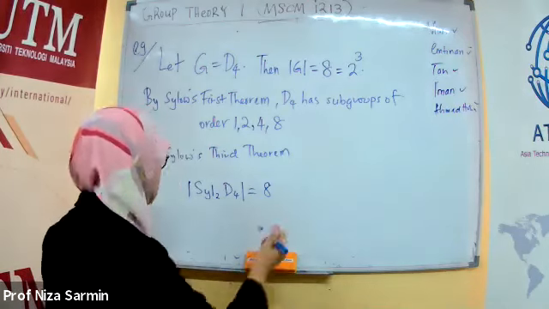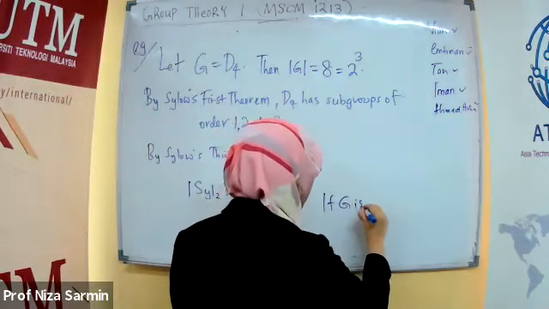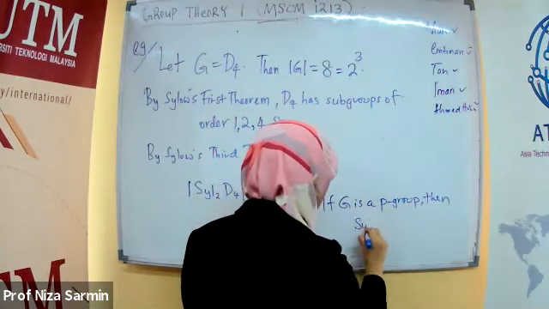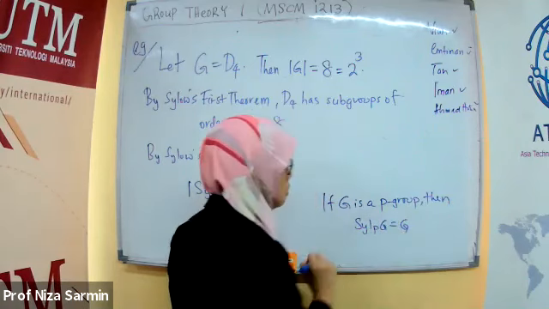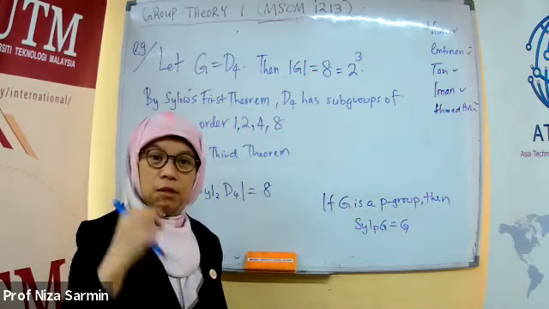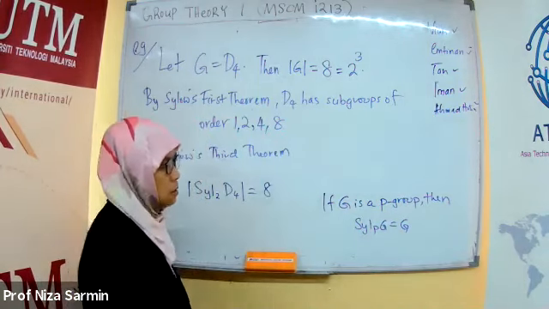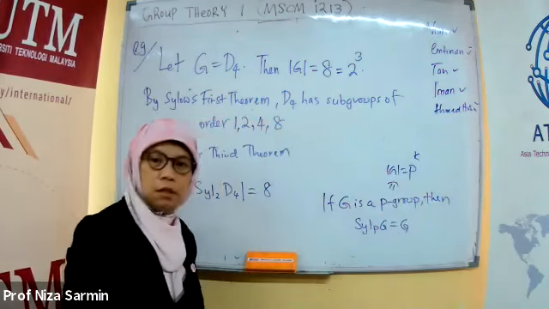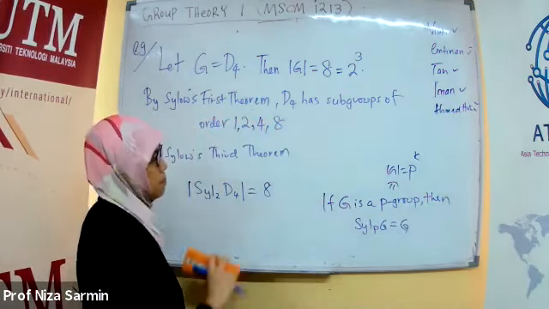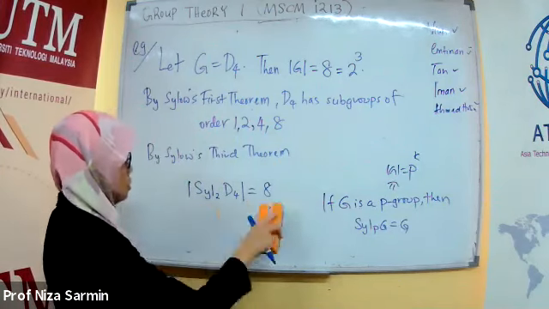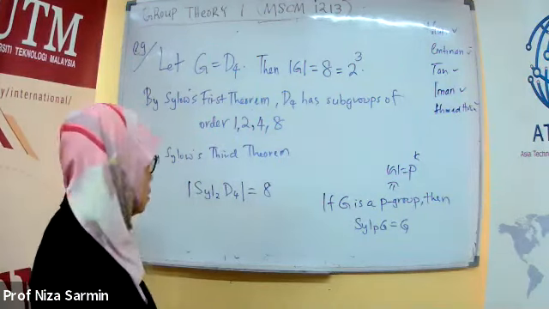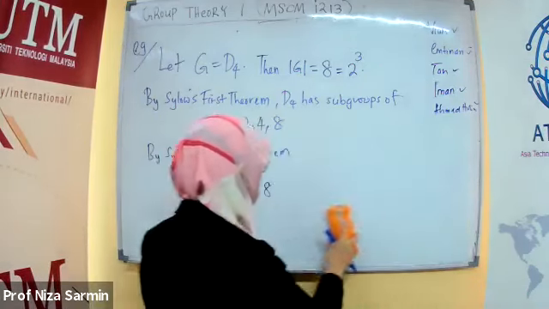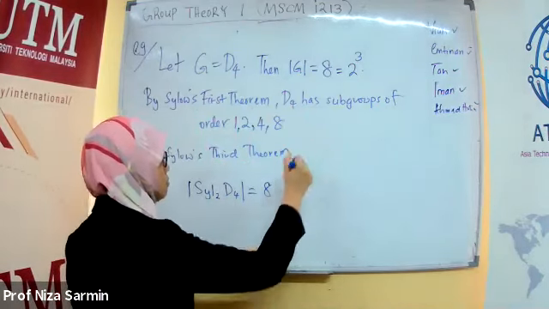If G is a P group, then Sylow P of G is G because it's the highest power. So D4 is actually the Sylow 2 subgroup of itself.